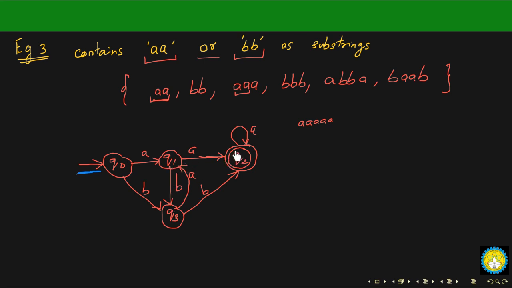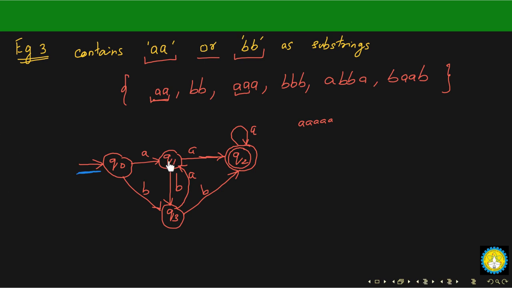From Q2, you have a transition for A, but you don't have a transition for B here. Let's look at Q3. From Q3, you have transitions for A and B. From Q2, what will be the transition if you're getting a B? It's very simple. You stay at Q2 itself.